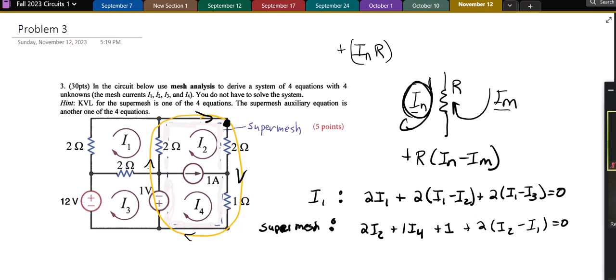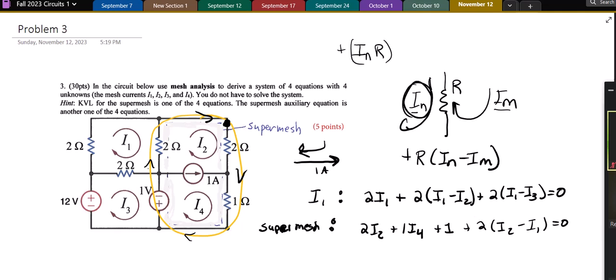And then I have the equation that goes with my super mesh. To do that, I look at this current source. My current source is 1 amp in that direction. And I look at what I2 and I4 are doing.